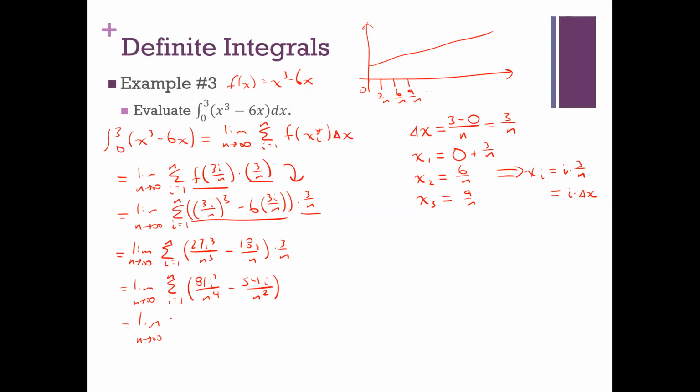So I'm going to pull everything else out. 81 over n to the fourth times the summation of I cubed, minus this limit. The limit as n approaches infinity of, actually, I want to pull some stuff out of there too. 54 over n squared.